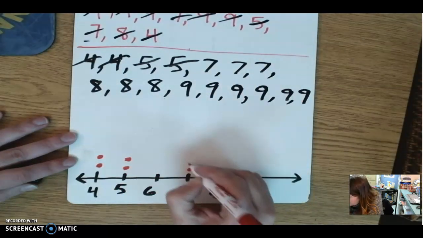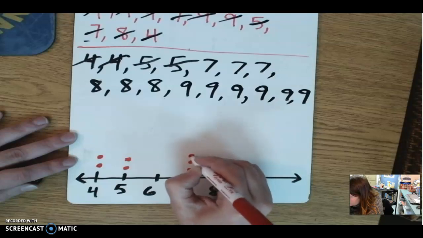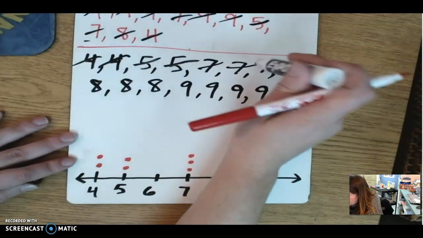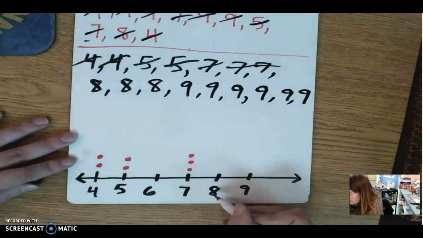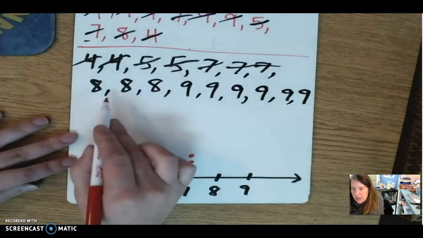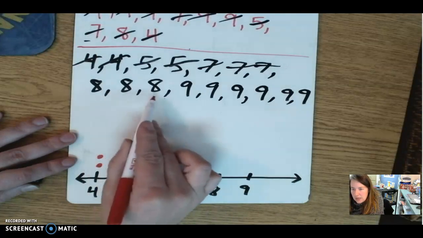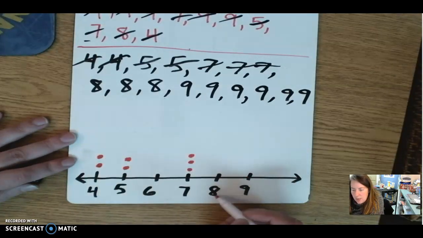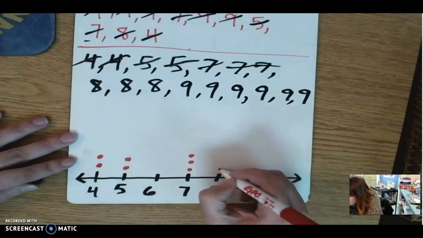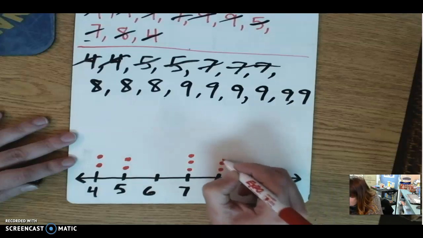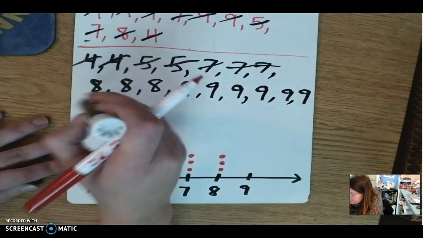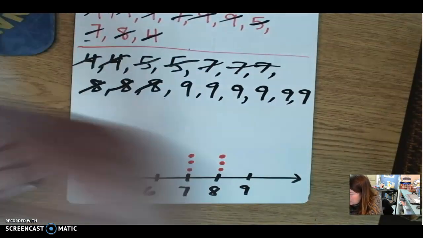Got all those. How about the 8? How many 8s were there? What's the frequency? There was 3, but instead of writing 3 like we did in a frequency table, I'm going to put 3 dots. 1, 2, 3. Mark them off so I know.